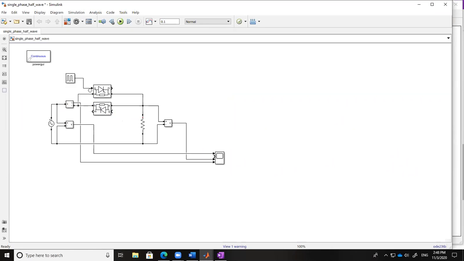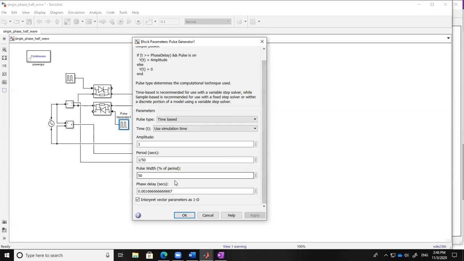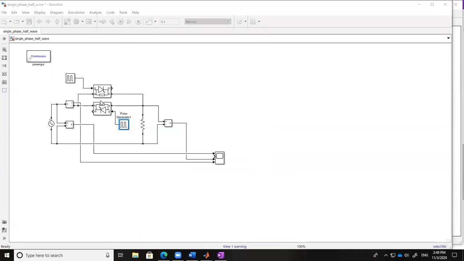Fine. And here the pulse generator should be triggered. Yes. Okay. M means measurement. That means you can measure the quantities related to the thyristor. We will come to that part later. Okay. How to use M.